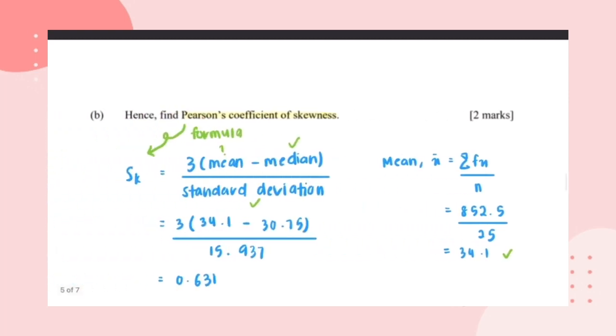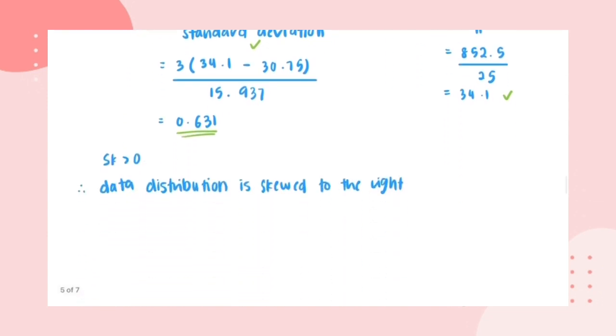To find the mean, we use the formula summation of fx over n, and we get 34.1. Now let's substitute everything into the formula and we get Sk is 0.631. Since Sk is more than 0, the data distribution is skewed to the right.